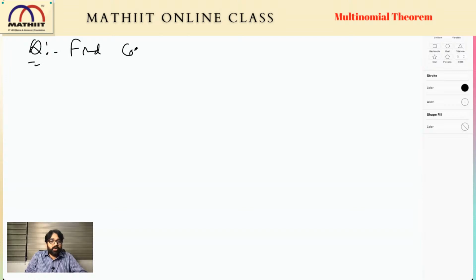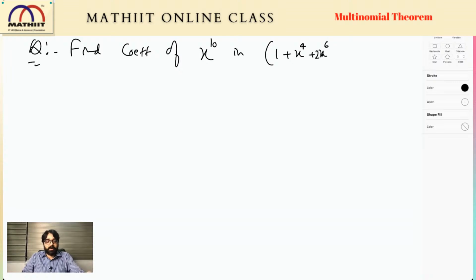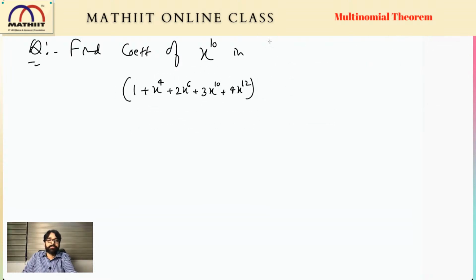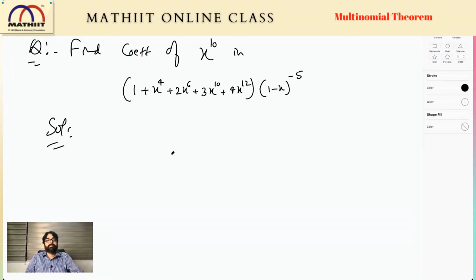Find the coefficient of x power 10 in 1 plus x power 4 plus 2x power 6 plus 3x power 10 plus 4x power 12, into 1 minus x power minus 5. We have to find the coefficient of x power 10 in this expansion.